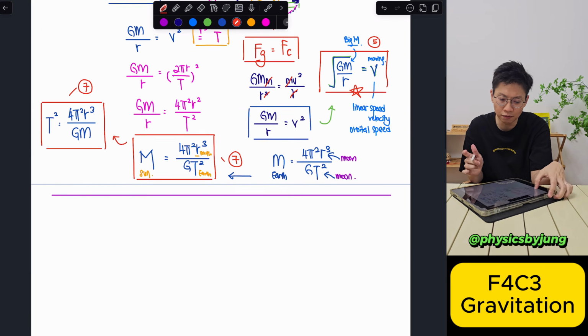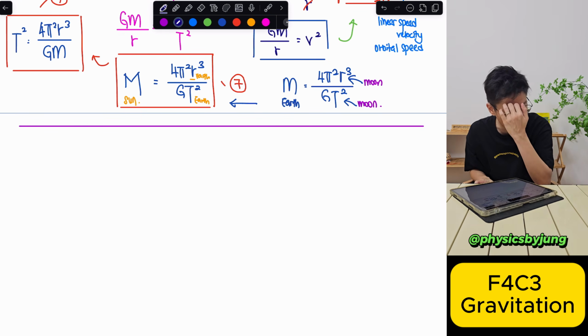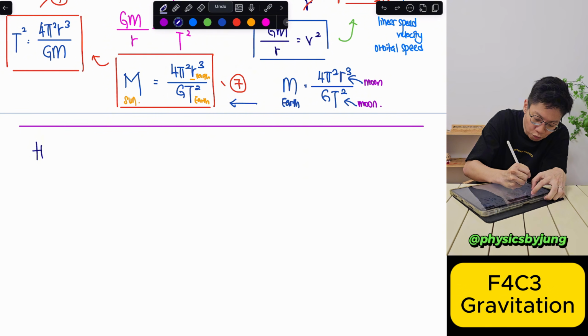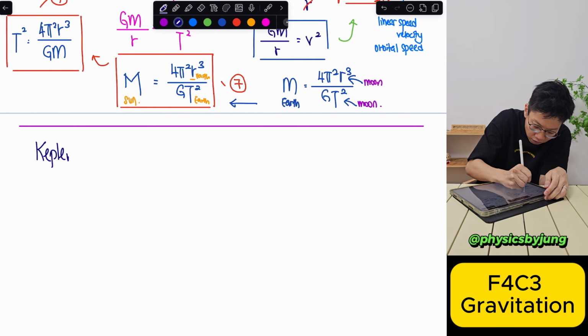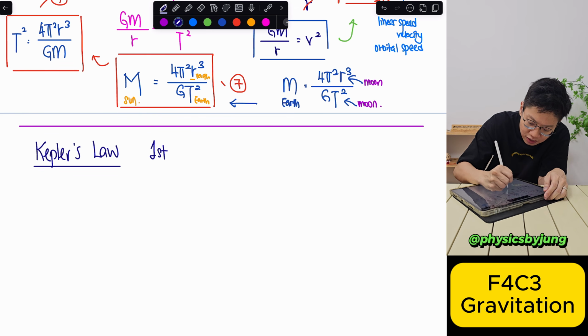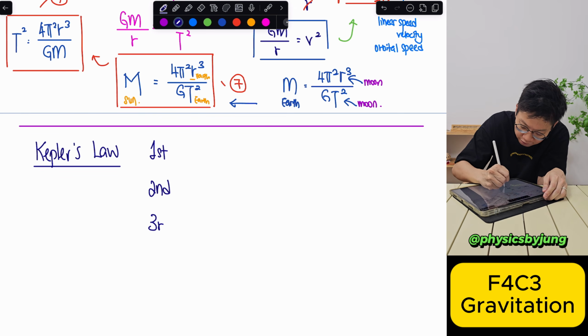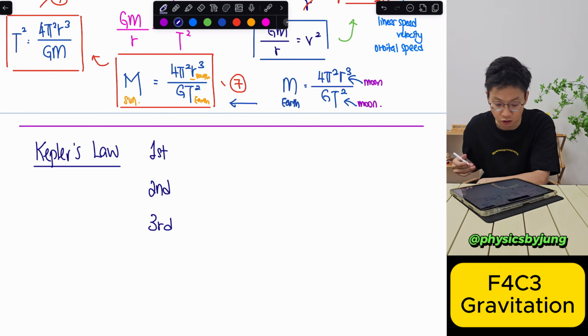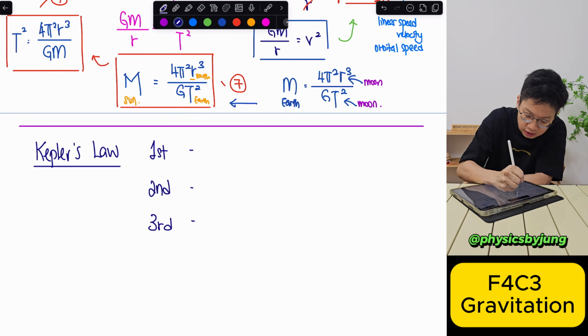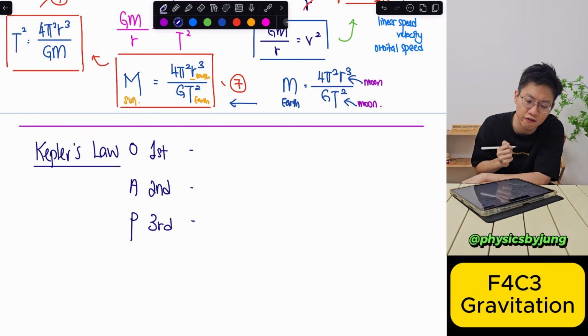Okay. Now, we will go and see the next one. So what is the next part? We will have Kepler's law. Now to summarize Kepler's law, we have Kepler's first law, second law, and third law, whereby it is the law of orbit, the law of area, and the law of period.